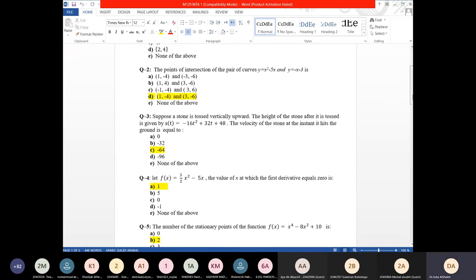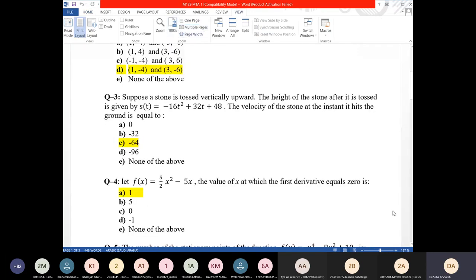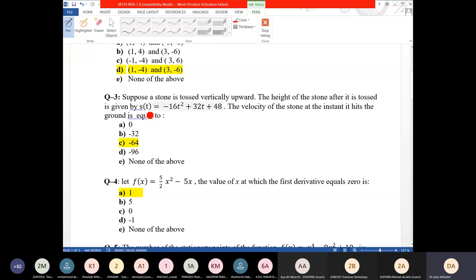You can see this slide here. Let me make it page width. Check this question here. This is multiple choice, something you may see in the exam. We have this function. Suppose that we have a stone that is tossed vertically upward.